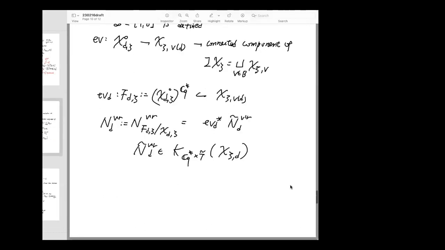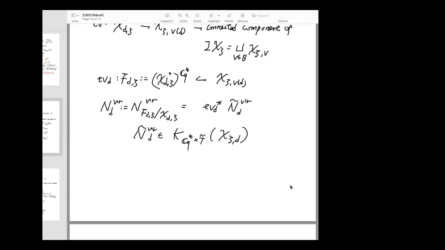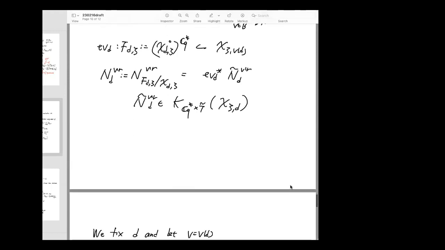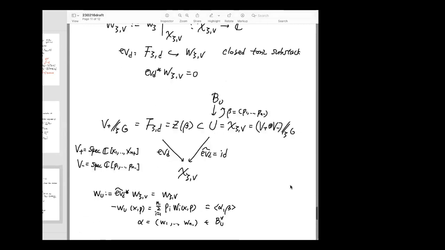So now, this is a really nice case. To define the virtual fundamental class in this GLSM setting, we should follow Favero and Kim's construction. So this is specializing a very technical and difficult construction to a very easy case, as follows.